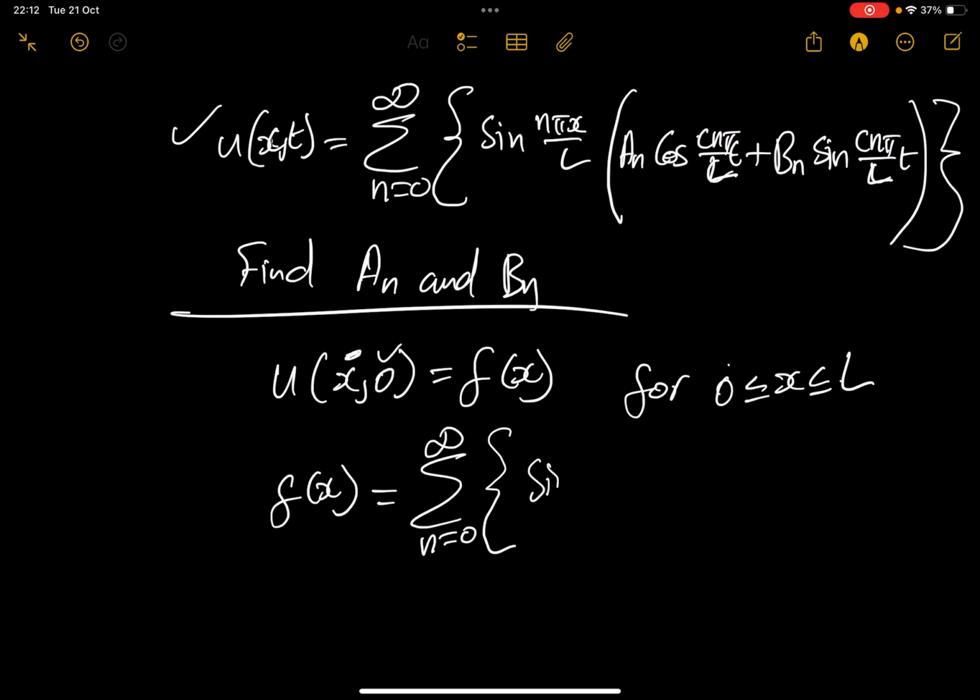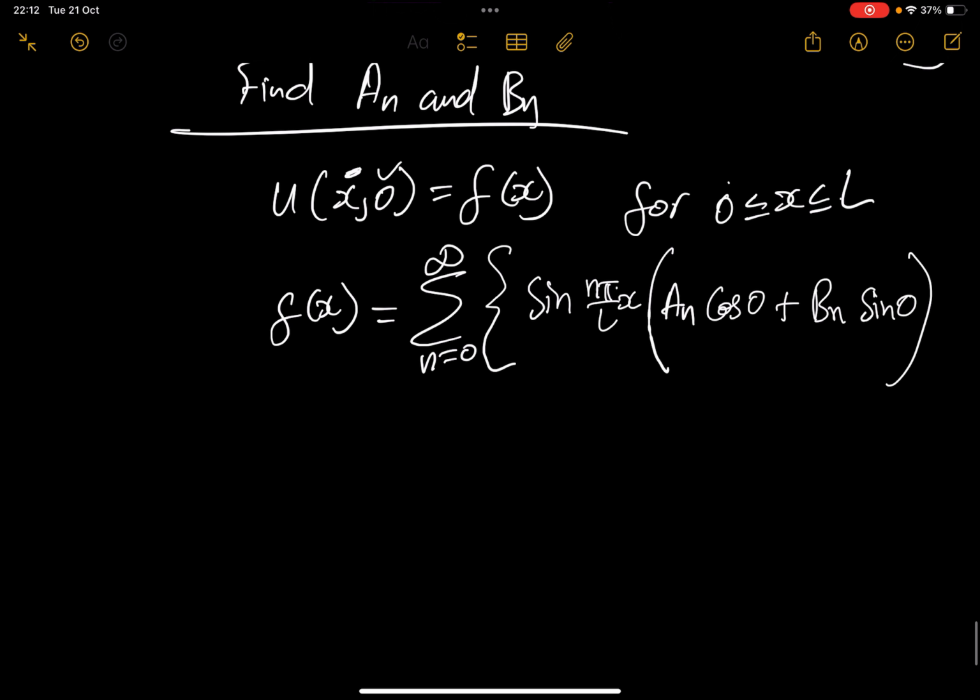So this is sine n pi over L x, and then we have where this t is 0, so this is an cos, this is going to be 0, so cos 0, plus bn, since there's t here, so we are going to have sine 0. So from here, sine 0 is 0, cos 0 is 1.